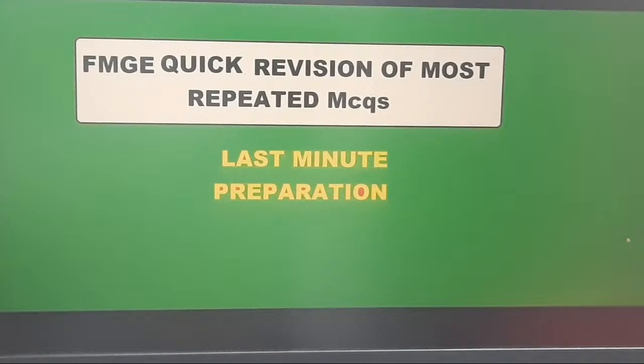Delphi technique used for collective opinion of a group. Mid-year population is taken on 1st July.